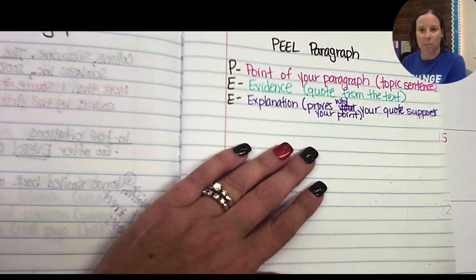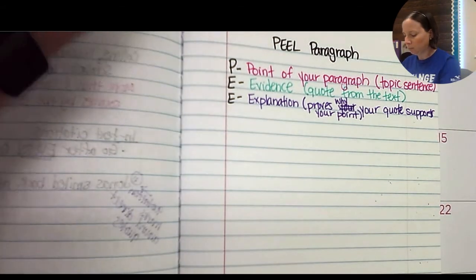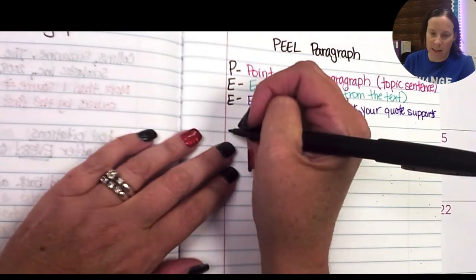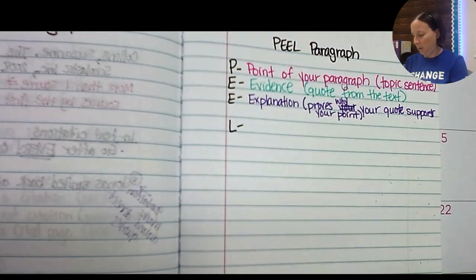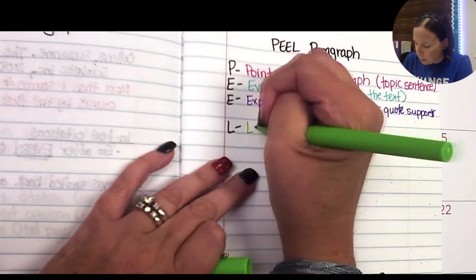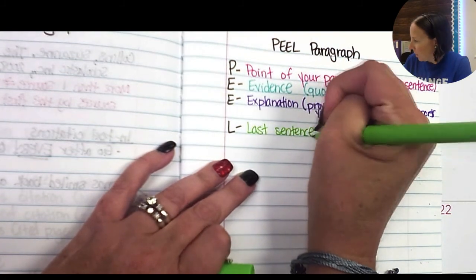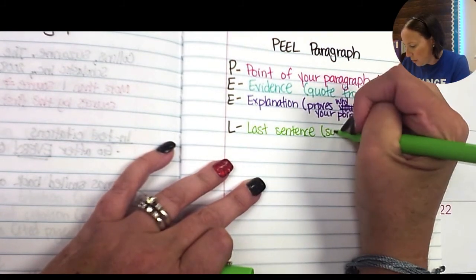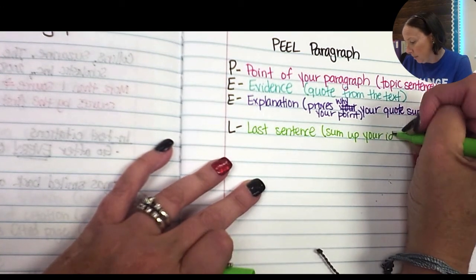Okay, proves why your quote supports your point. And then I'm going to skip a line, which really kind of bothers me, but that's beside the point, is your L, which is your last sentence. Okay, this is where you sum up your ideas.